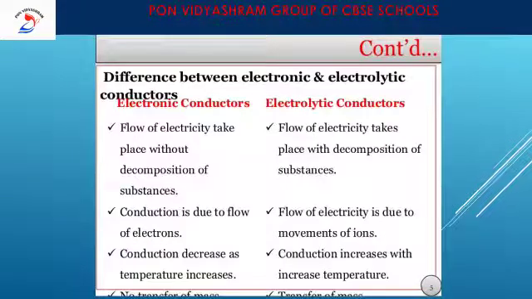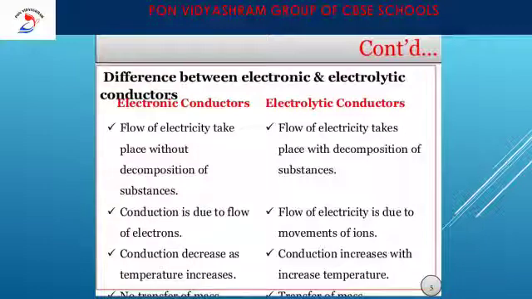In electronic conductors, conduction is due to flow of electrons. Already we have discussed it. When only flow of electron carries over, there will not be any decomposition of substance. Whereas, in electrolytic conductors, flow of electricity is due to movement of ions.